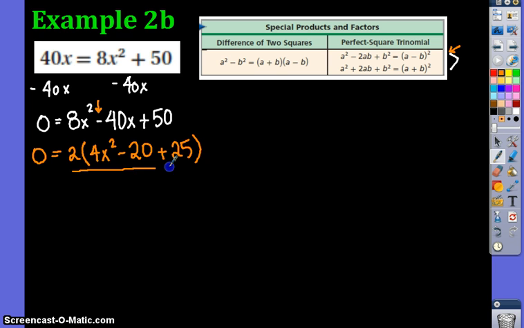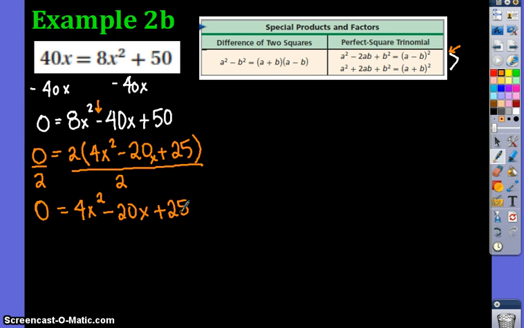And then I can get rid of that 2 by dividing both sides of the equation by 2, and I get 0 is equal to 4x squared minus 20x plus 25.